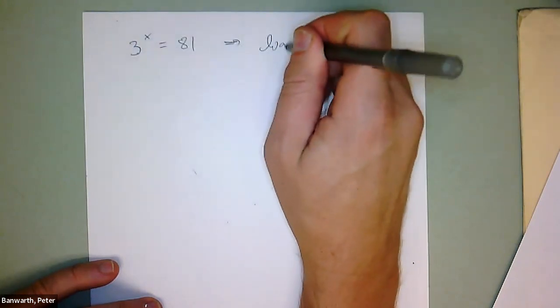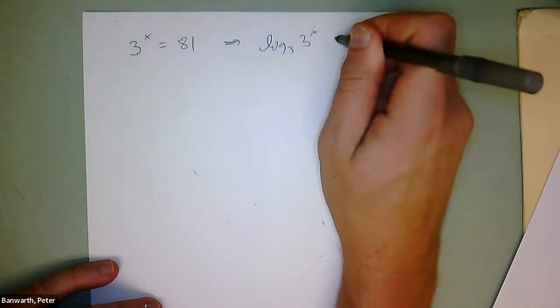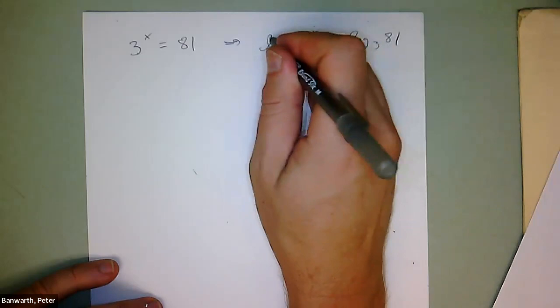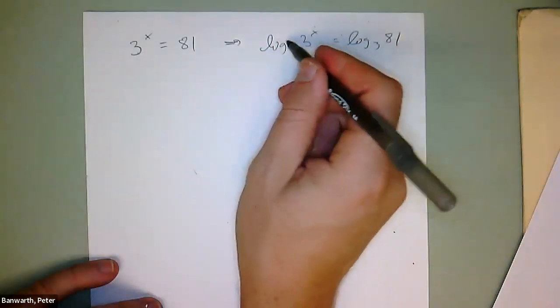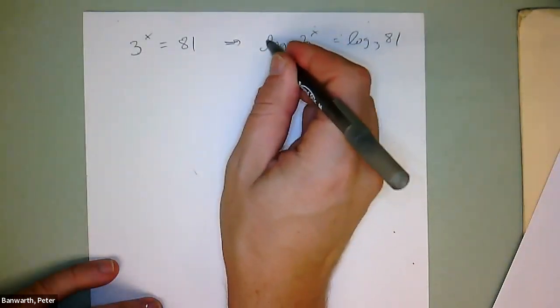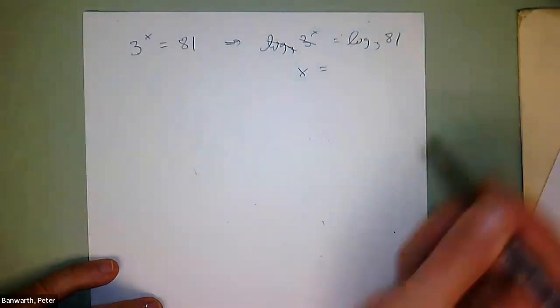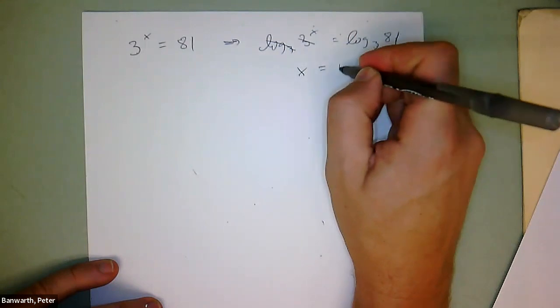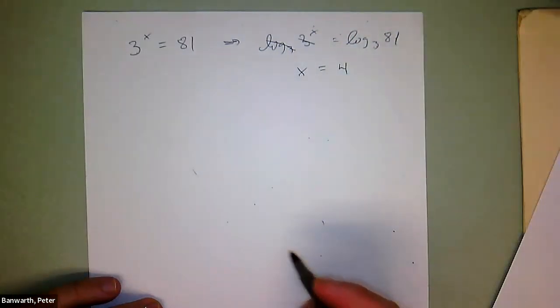You can take the log base 3 of 3 to the x equals log base 3 of 81. And so if you want to just do it quickly, if it's 3 to the x and log base 3, you cancel and you just get x. And log base 3 of 81 is the power that goes on 3 to get 81, which is 4.